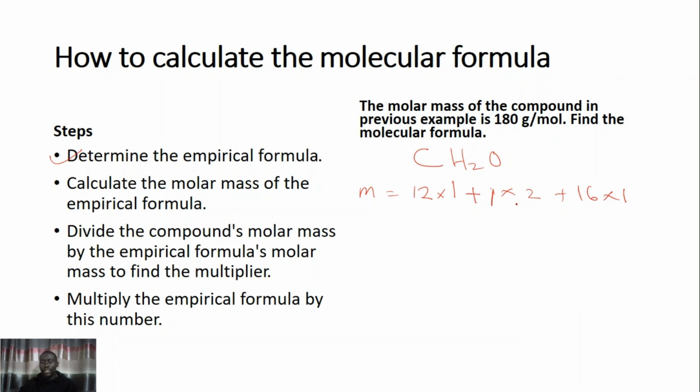So adding this up together, 12 plus 2 plus 16 is equal to 30, right? So this is equal to 30.